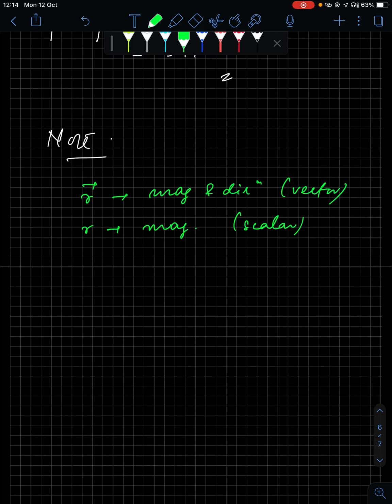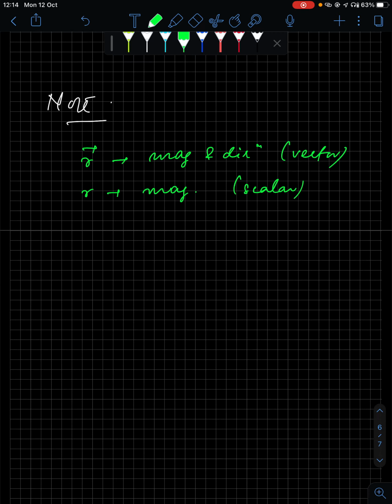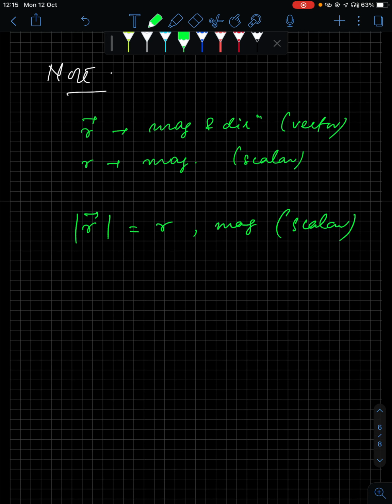That should be mentioned. Now if I write r vector in modulus, this will be equal to r. This is only magnitude. Although we have a vector here, we have taken its modulus, which means we are finding the magnitude of the vector, which gives a scalar. Since it has only magnitude, it is a scalar.